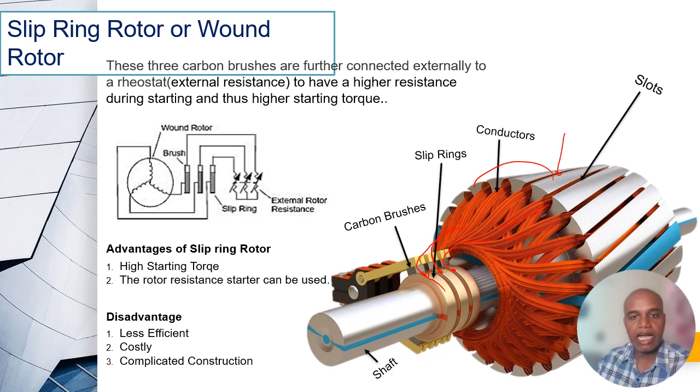And here I have a brush arrangement, just like in the case of the DC motor we have seen. For the three-phase rotor, we have three carbon brushes, each on one slip ring. This is for one phase, this is for another phase, and the third one is for the other phase. By this means we give the supply to my rotor three-phase winding.